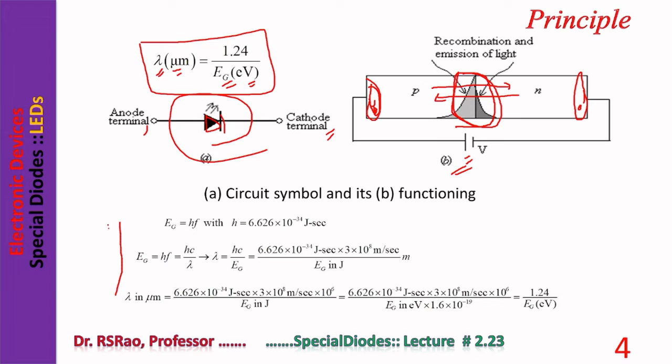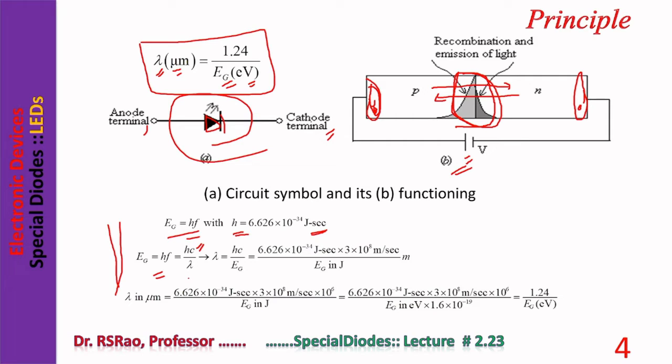Here a small derivation is given for lambda equal to 1.24 by Eg. This is Planck's law, Eg equal to hf. h is a constant, 6.626 into 10 power minus 34 joule-seconds. Eg equal to hf can be written as hc by lambda. c is speed of light.